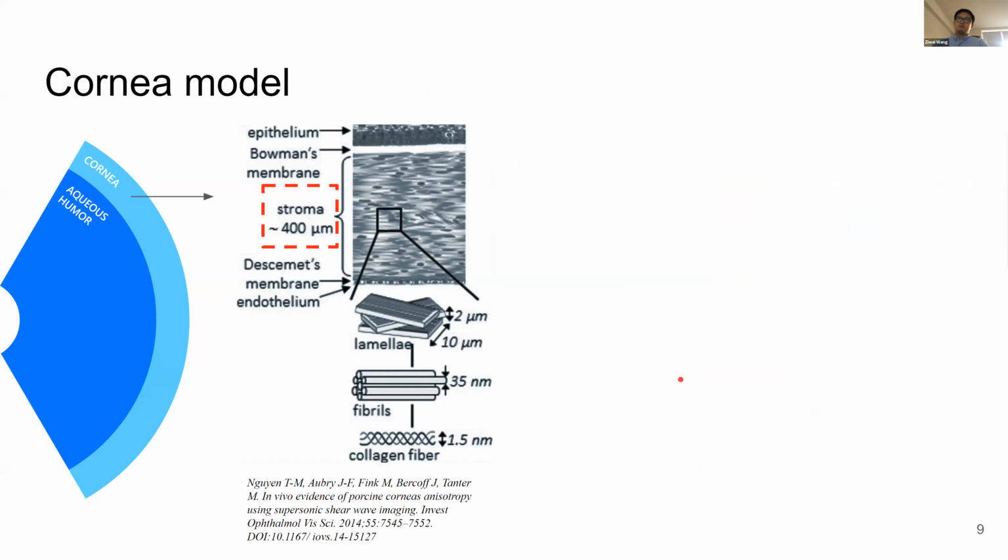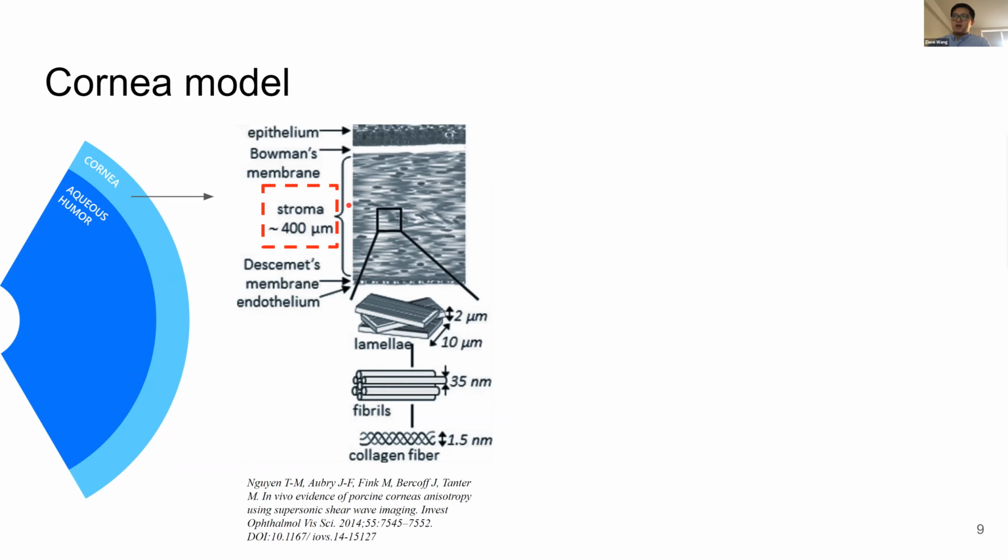So for the mechanical modeling parts of the cornea, we also have to consider two things. The first thing is the structure of the cornea. Actually, the cornea is a multi-layer system and the stroma layer accounts for 90% of the whole thickness.